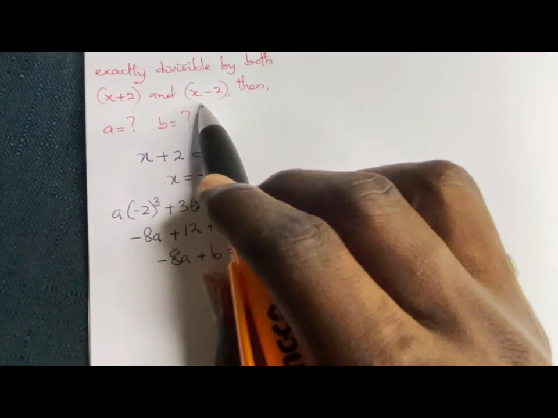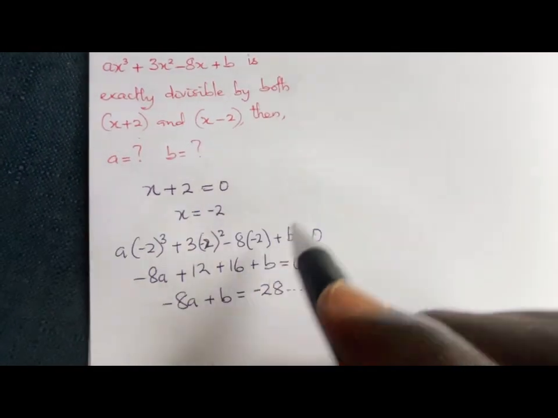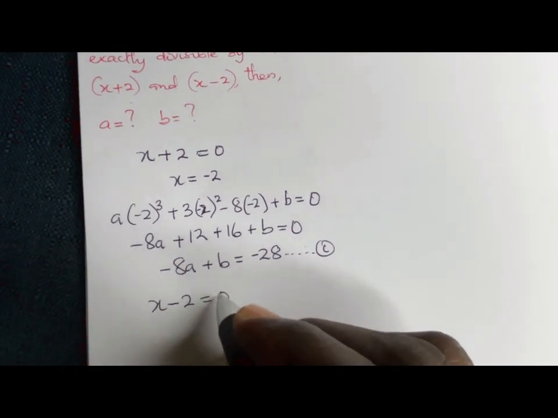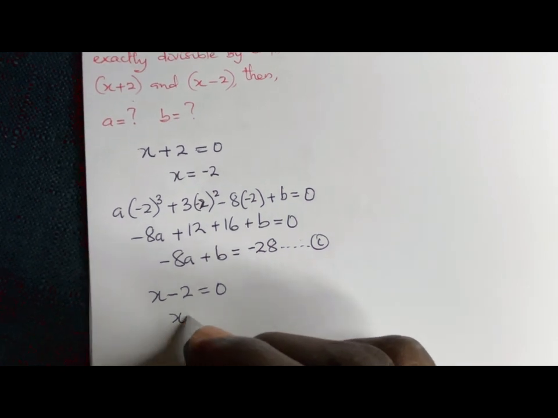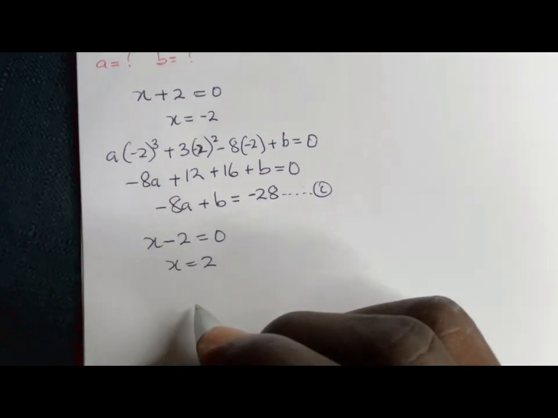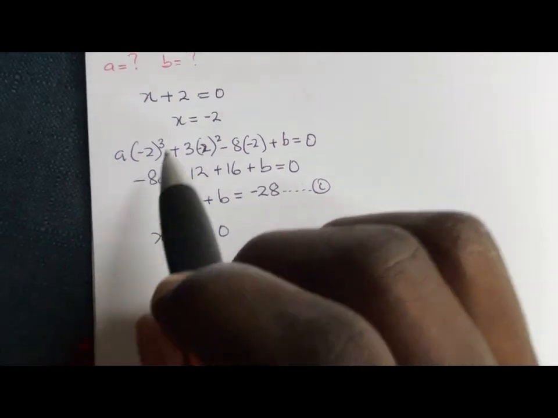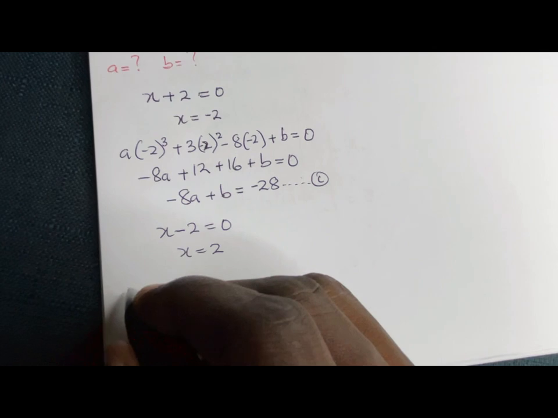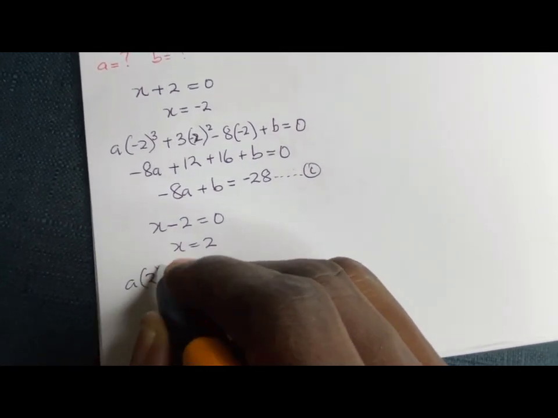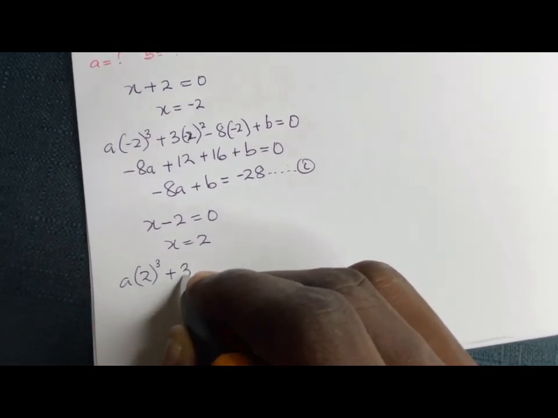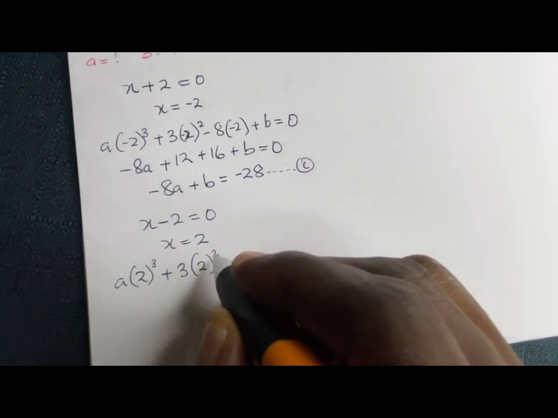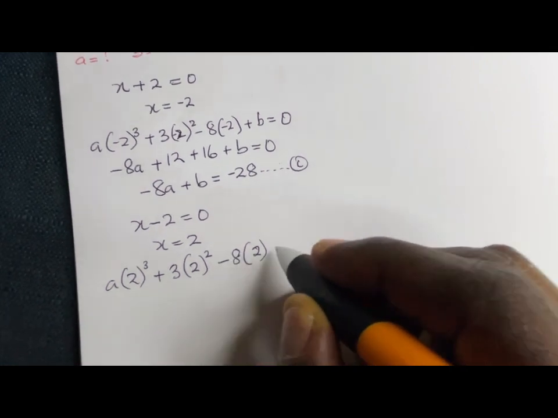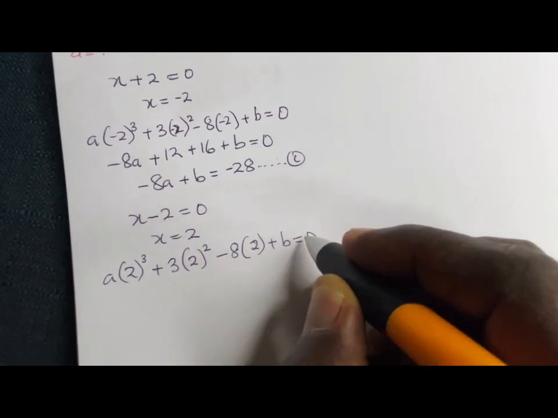We do the same thing for x minus 2 as well. So we'll be having x minus 2 equals 0, so x equals 2. Okay, so we put that into the expression and we form a zero equation as well. So we have a bracket open 2 exponent 3 plus 3 times 2 exponent 2 minus 8a times 2 plus b equals 0.